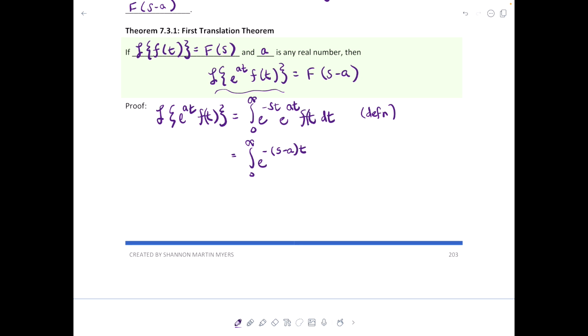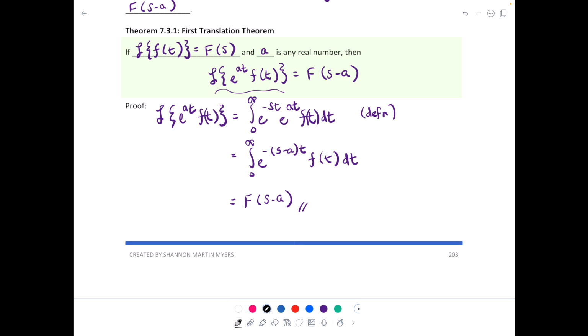Sorry, there should be parentheses around f of t. And then we'll have times f at t dt. But what is this? This is equal to capital F at s minus a. Good so far?